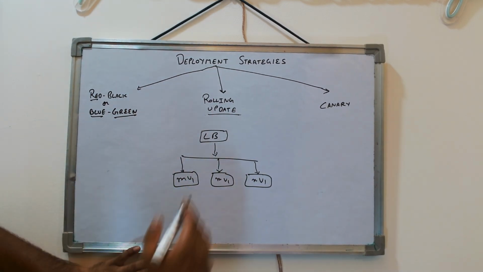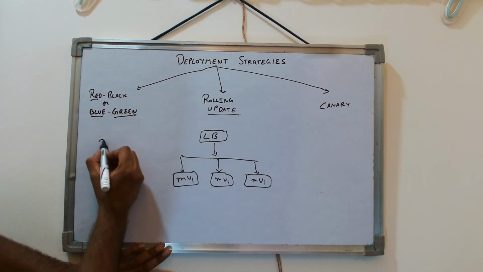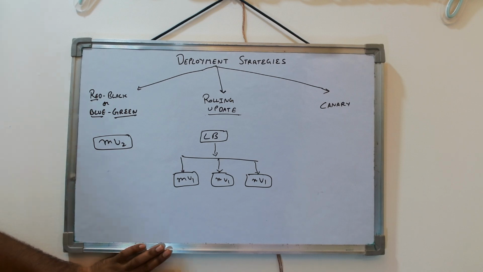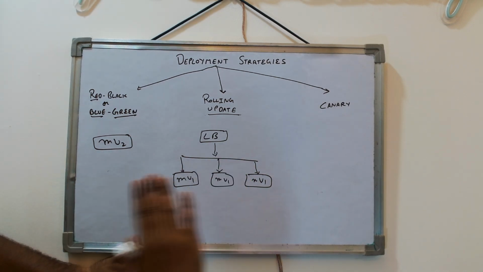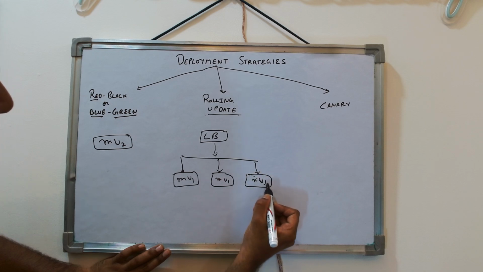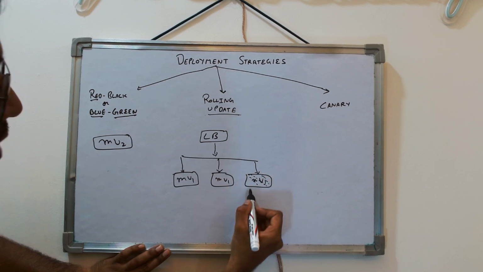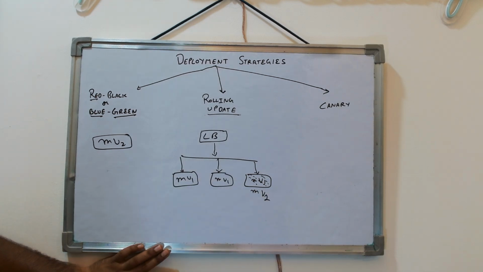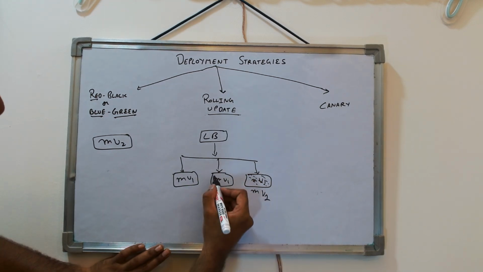Now when you have a version 2 manifest which needs to be deployed, it does not create a new server at all. It simply updates the existing ones with the new manifest version 2 and keeps on doing that.